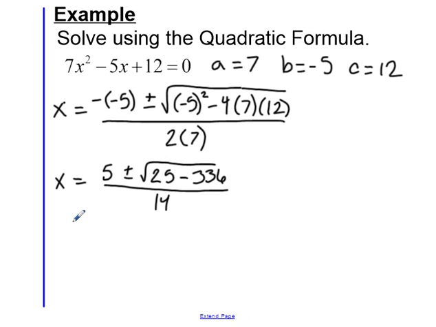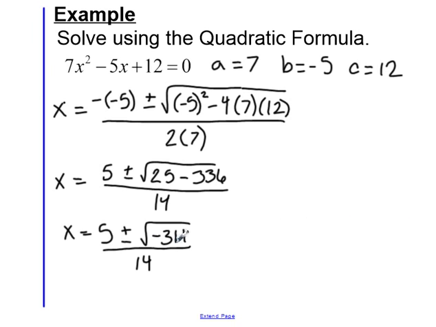I subtract underneath the square root sign, and I get 5 plus or minus the square root of 25 minus 336, which is a negative 311. 14 is still on the bottom.